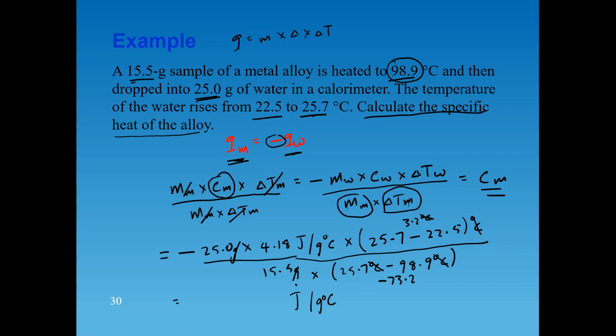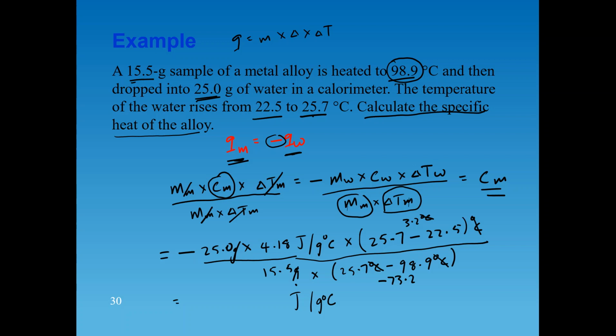So now we can do the rest of the calculation. The numerator part is minus 25.0 times 4.18 times 3.2, and then divide that by 15.5, and then divide that by minus 73.2.